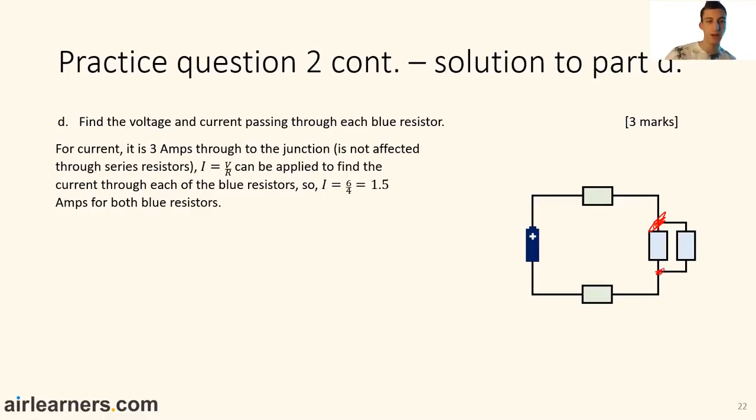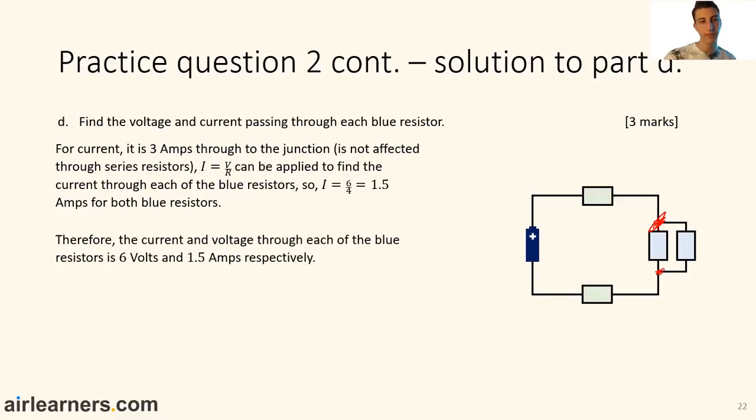But our I equals V over R can be applied. So we get 6 volts over a resistance of 4, and that gives you 1.5 amps for both resistors. Hopefully that makes sense. There are other ways in which you can do this, but the key takeaway is that in each of the blue resistors, you get 6 volts and 1.5 amps.